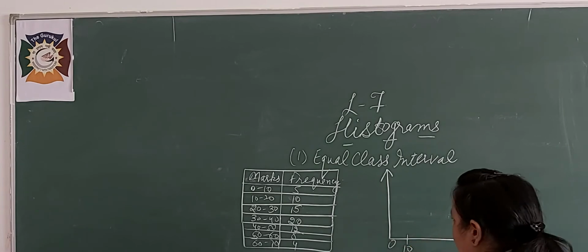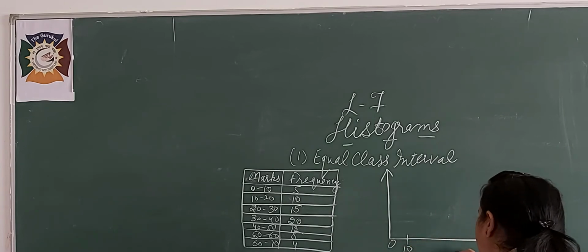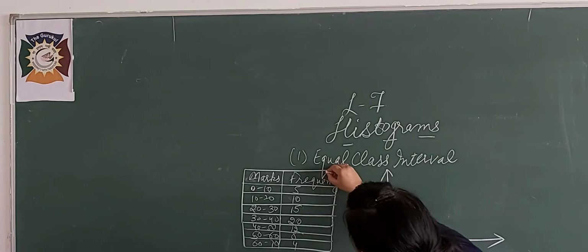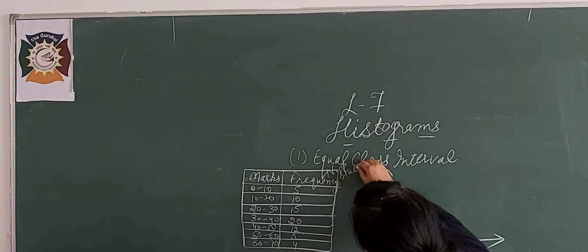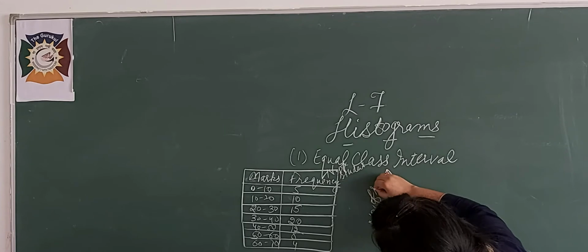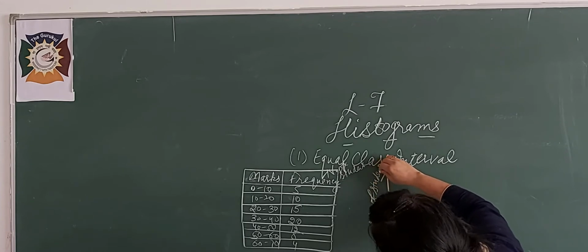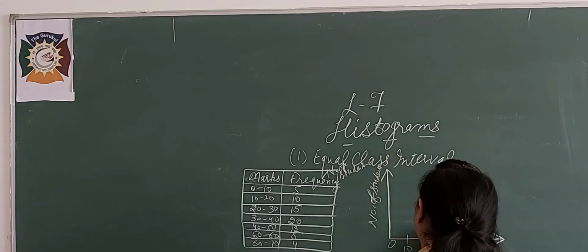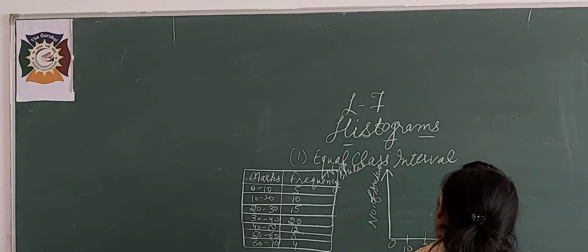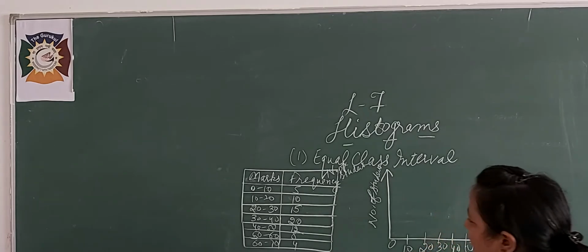0 to 10, I am writing here, these are the marks, and this one is frequency. It means number of students who score these marks. This is number of students. Let's start. 10 to 20, 20 to 30, 40, 50, 60, 70.